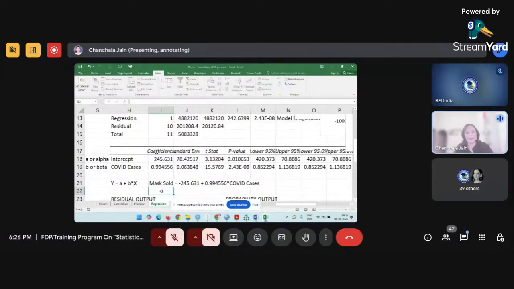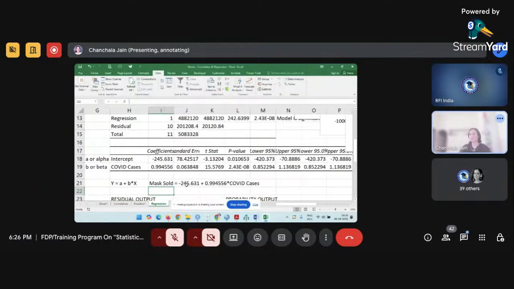That means per unit change in the COVID cases, there will be 0.99 unit change in the mask sold when you are keeping your intercept constant, right?